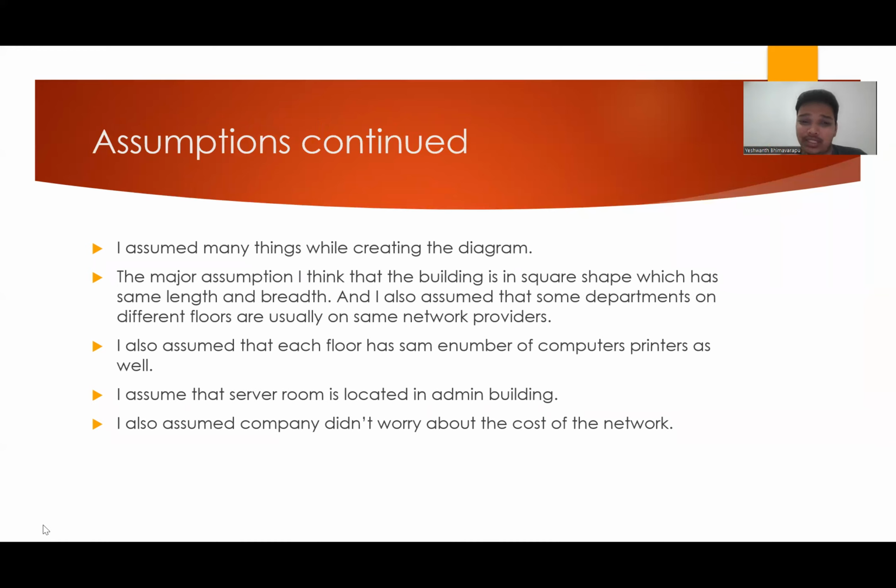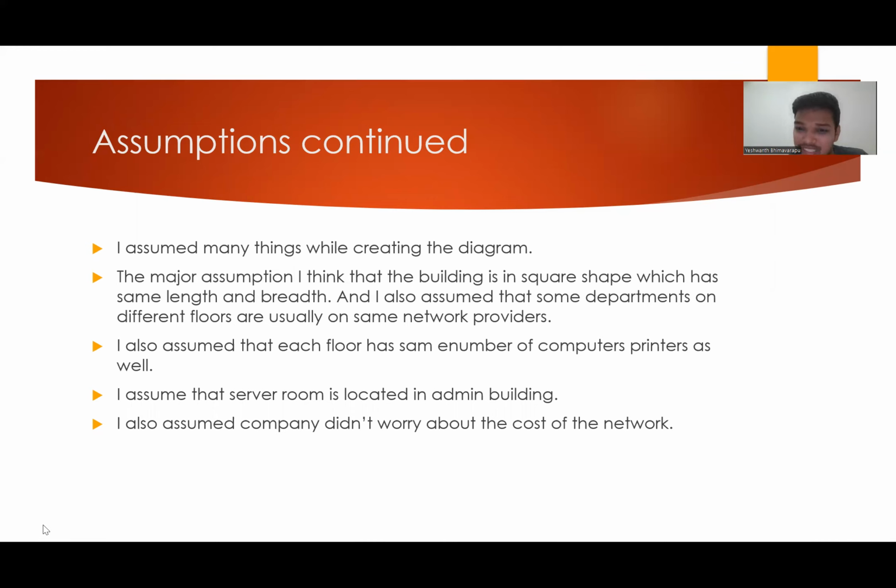The major assumptions I think: normally for campuses, the design, the document, the frame is for the college, for the company. So I think the company will be in a square shape, with the same length and breadth, as you know a square has the same length and the same breadth. That's what I think in my mind.